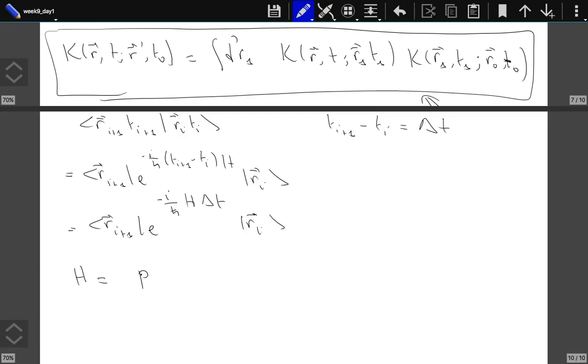Now, for the Hamiltonian, I will just assume it has this form. Well, most of the Hamiltonians that we will be dealing with do have this form.